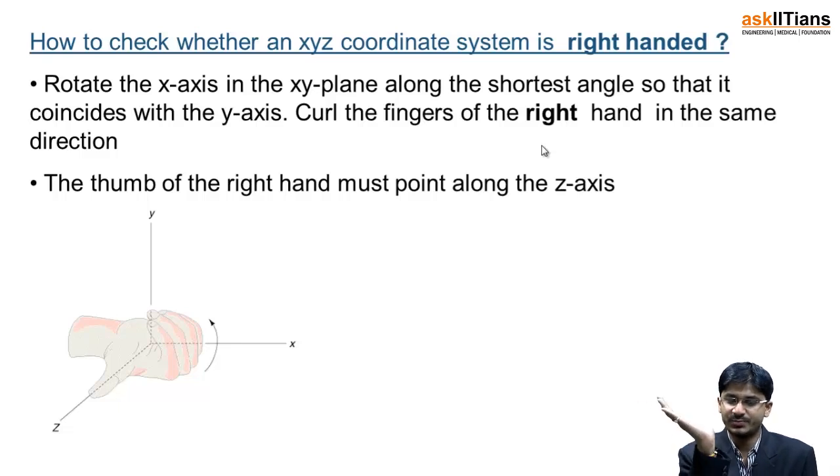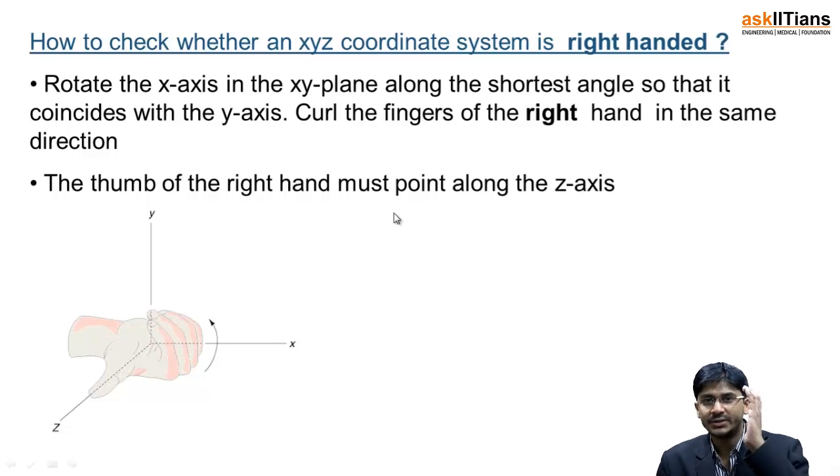Rotate the x-axis, put your right hand like this, this point should lie at the origin, curl it along this. If the thumb gives the z-axis, that means we have used the right hand. If you do this and get the thumb as the z-axis using the left hand, that means that is a left-handed system. These are the two systems that we'll use commonly.